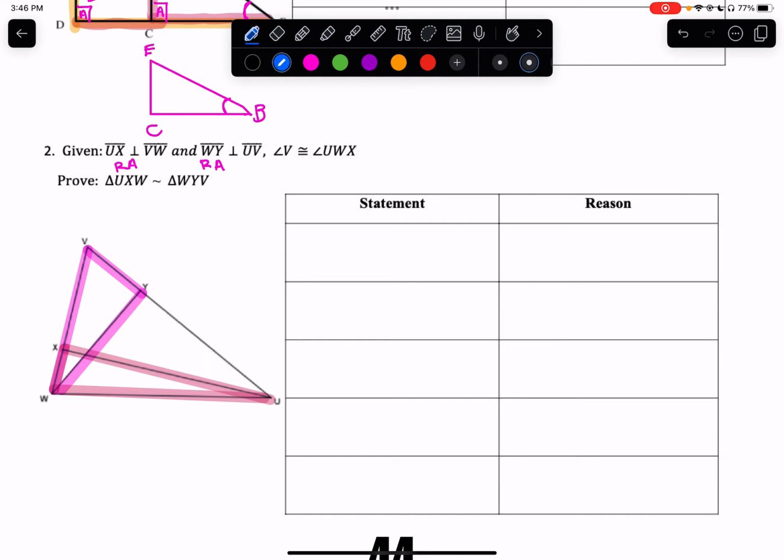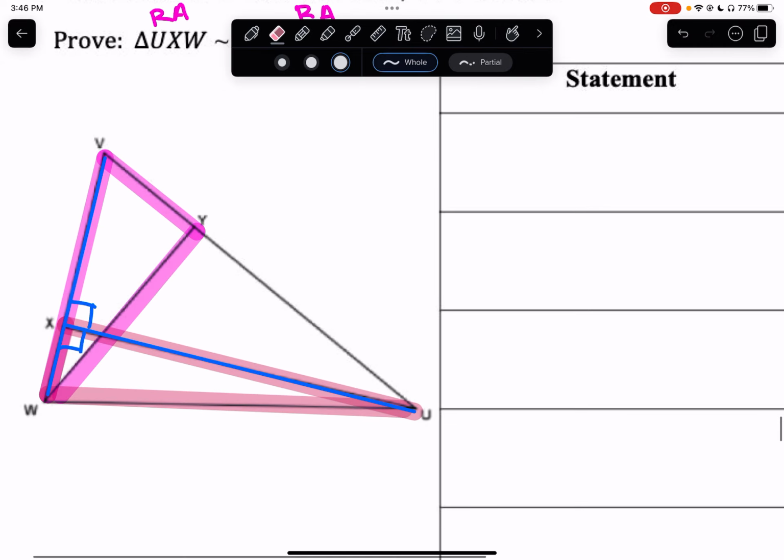So if we look, UX is perpendicular to VW. So because they're perpendicular, I have a pair of right angles. Now, if you look at the right angles that I drew, only one of them is really the angle of a triangle.